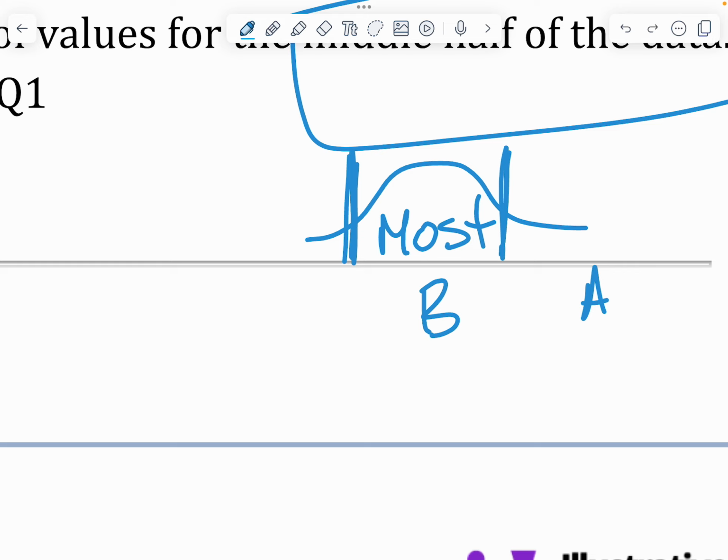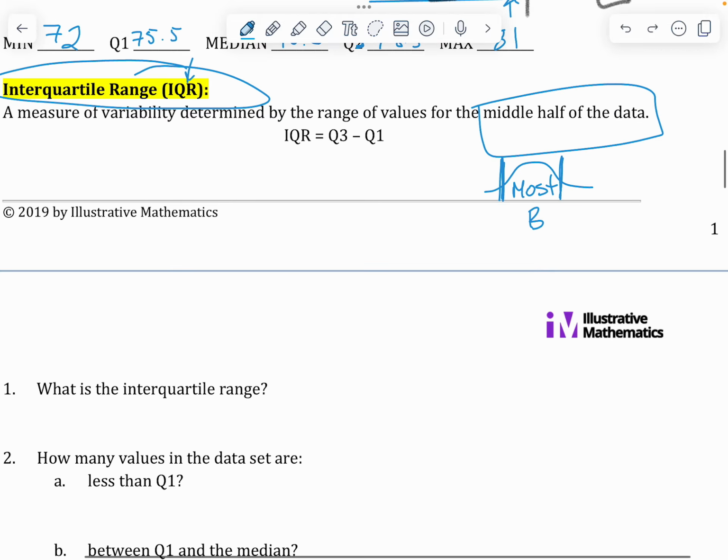Let's say you start a company and you're a mechanic. You want the majority of your customers to be in here in terms of their satisfaction. You're going to have some that love your company and some that maybe had something go wrong and hate it. But you're not going to be a successful company unless you have the majority of people in here that you've helped out.